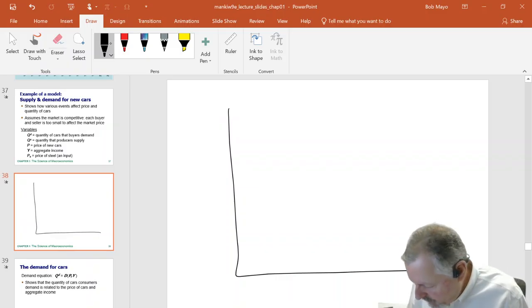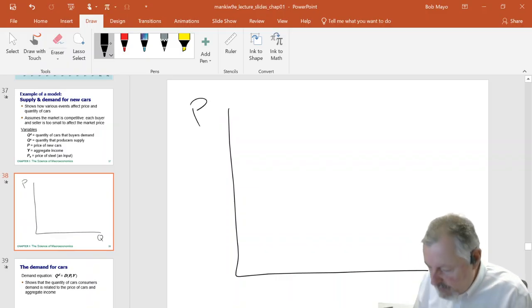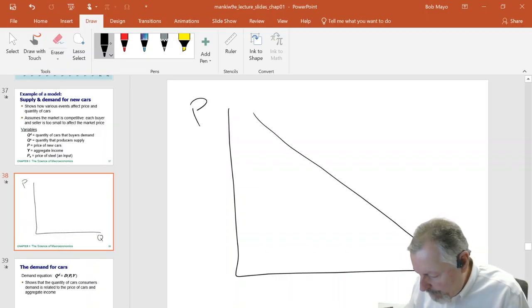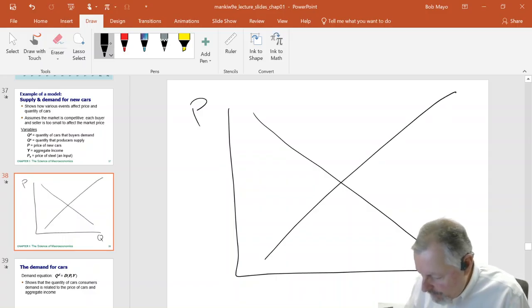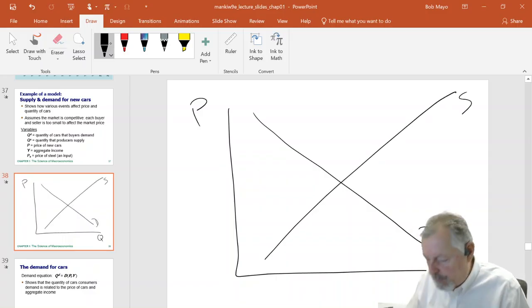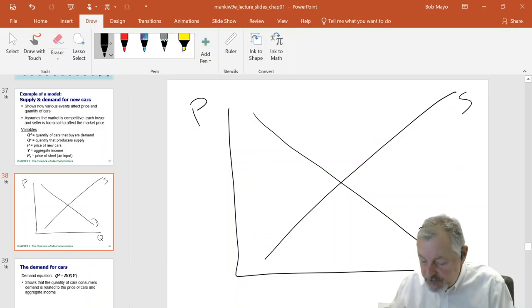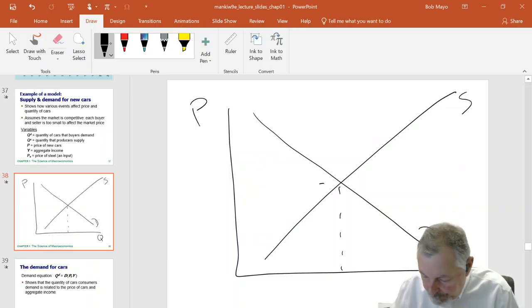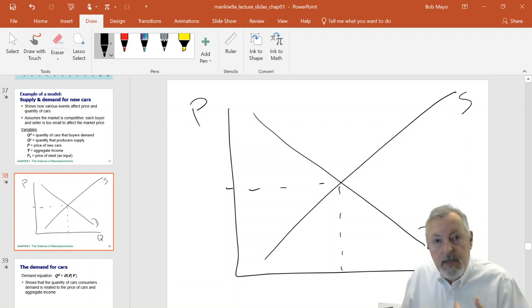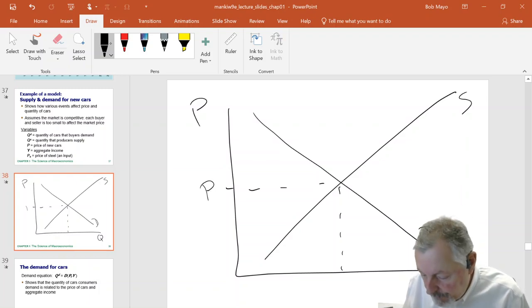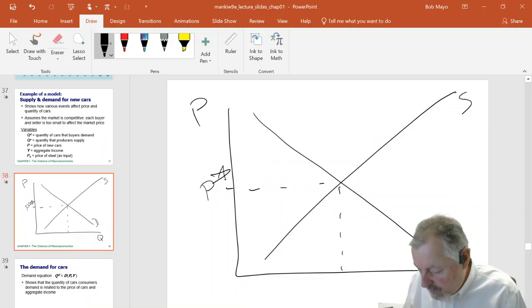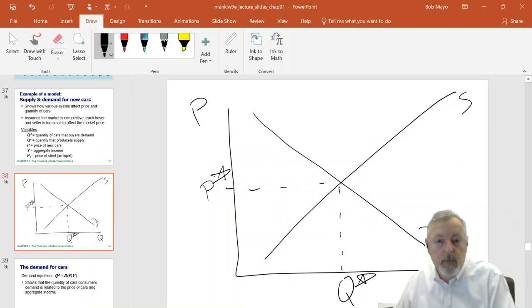This is the quantity, this is the price, demand, supply. This model lets you predict that with this supply schedule, this demand schedule, the equilibrium price will be that, and the equilibrium quantity will be that. Very simple model.